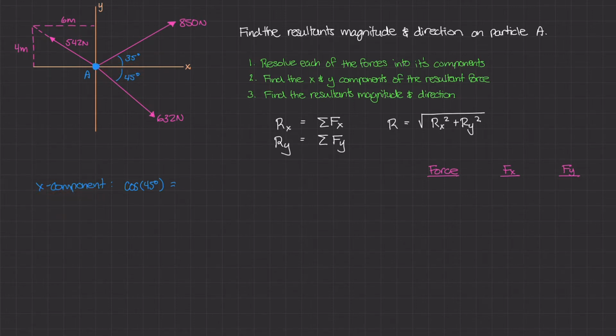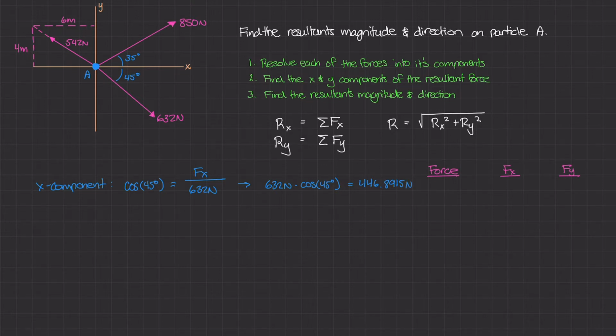So cosine of 45 degrees is going to be the x component of that 632 Newton force over the hypotenuse, which is 632 newtons. If I rewrite this, it's 632 newtons times cosine of 45 degrees. And if I solve that out, I get a value of 446.8915 newtons. Okay, great. That is the Fx component.